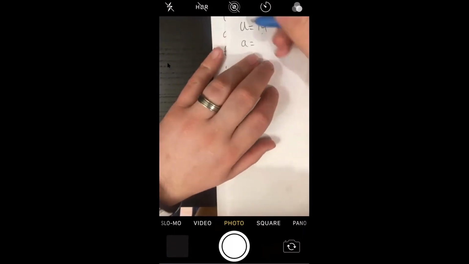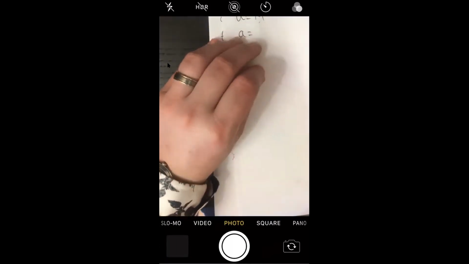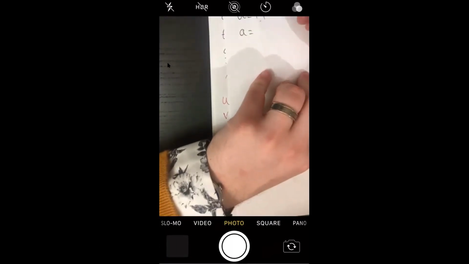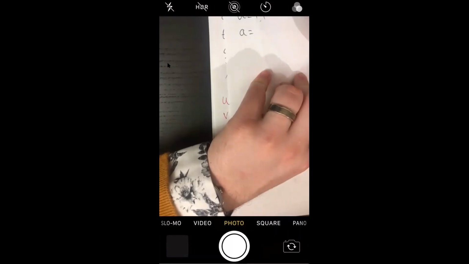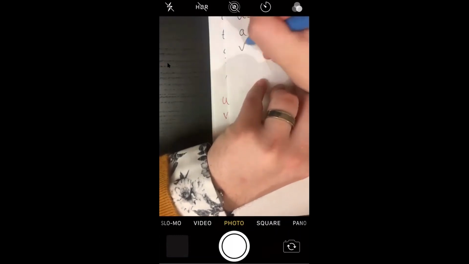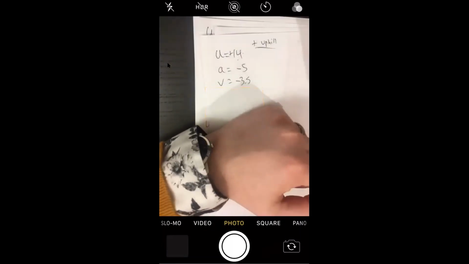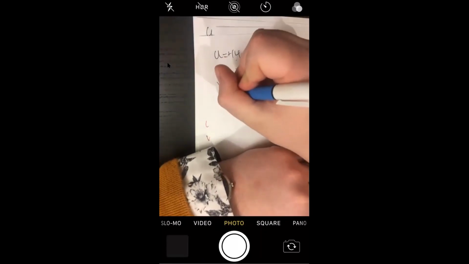A is against the direction that they're traveling because he's going uphill. We're going to go positive equals uphill, whereas the acceleration is downhill, so it's -5. Your final velocity is 3.5 meters per second downhill, so -3.5. Remember, up is uphill. And we want to know the time taken.